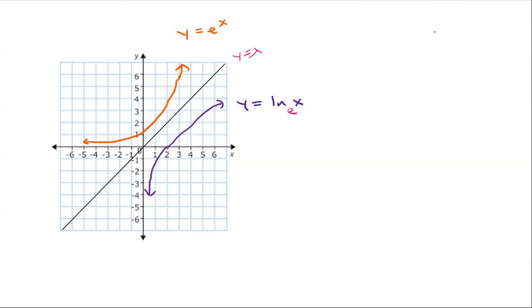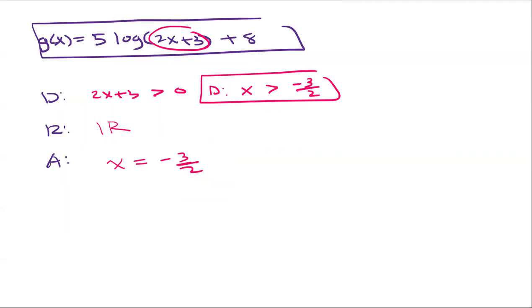Okay? All right. So that's why in the other problem, when I wrote it down here, I had originally written 5 ln of 2x plus 3 plus 8. They interchange those. But in this case, if it's ln, the base is e. If it's log, then the base is 10. That's the difference.